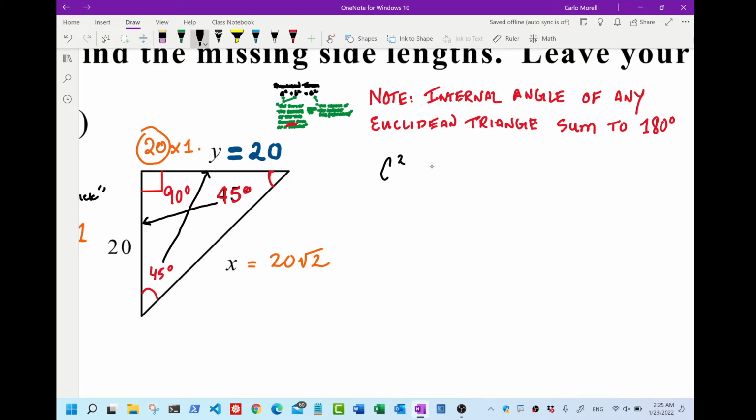C squared equals a squared plus b squared. So there's a reflective property of equality that says I can do that. Nothing changed. In order to get c all by itself, we have to take the square root.